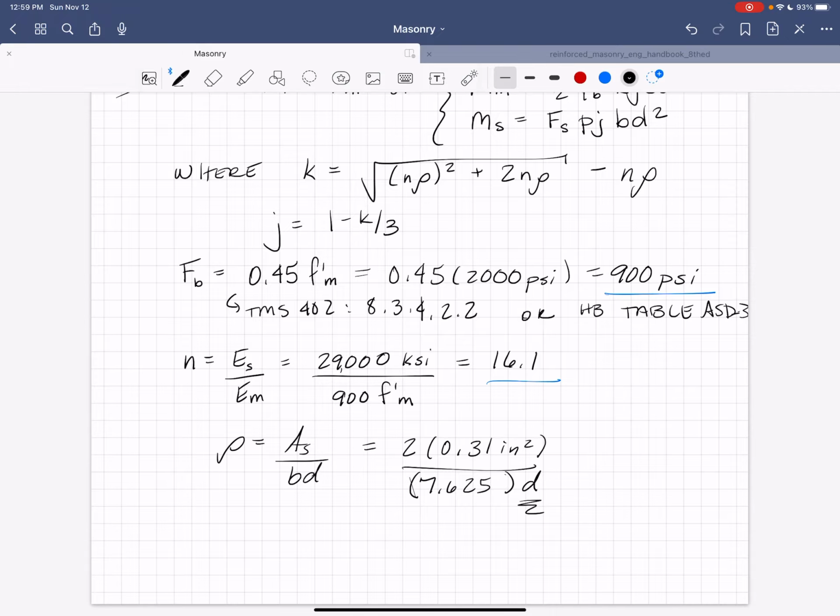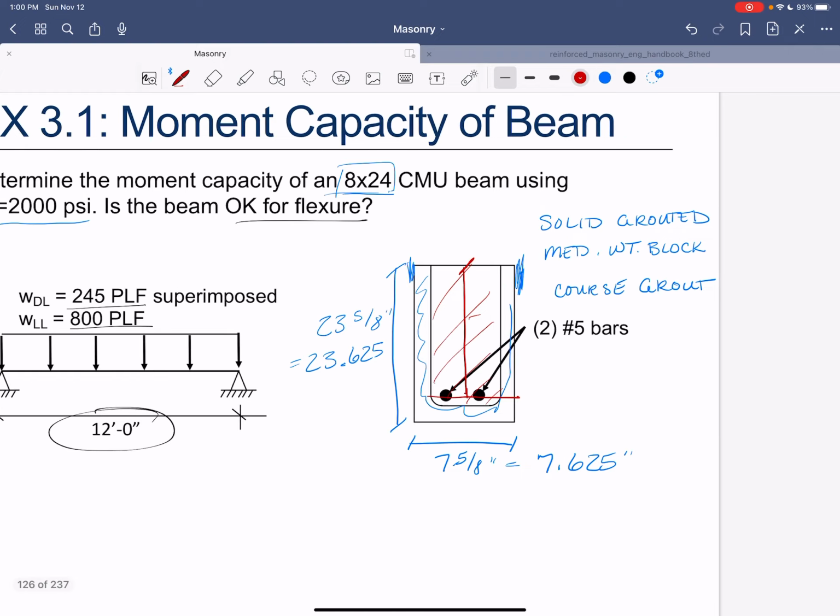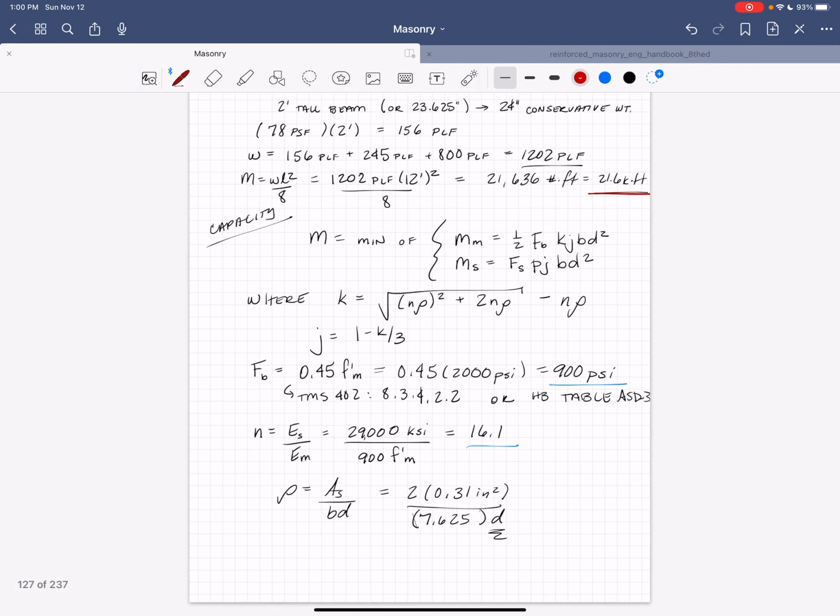So d is the distance, let's go back to our picture here. d is the distance from the top to the center line of those bars. If there were 4 bars, it would be to the center line of the group of bars. I'm going to redraw this so it's not so crazy looking.